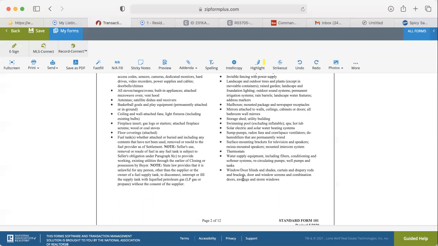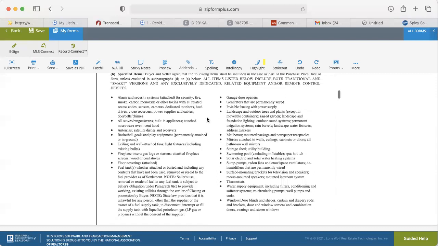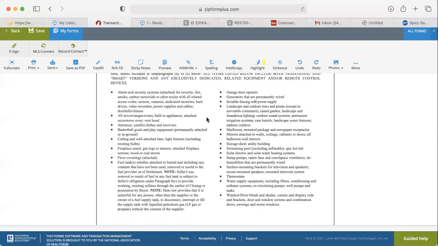But I'm glad you brought up the Ring doorbell, because that's a common point of contention when the seller didn't read this section of the listing agreement and it was not listed as an exclusion, and the buyer thought it should stay, which according to this section of the listing agreement, and by the way, this section is exactly written in the offer to purchase.